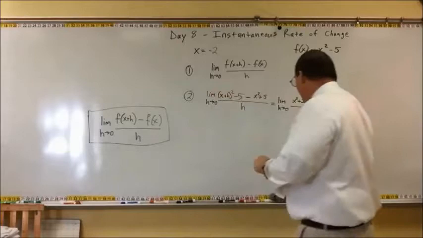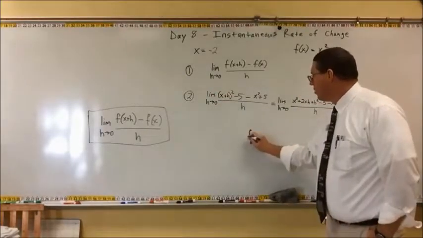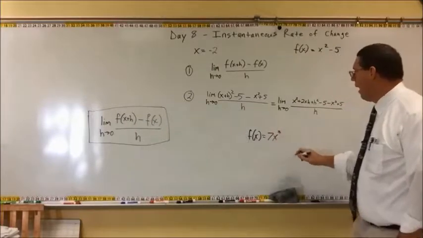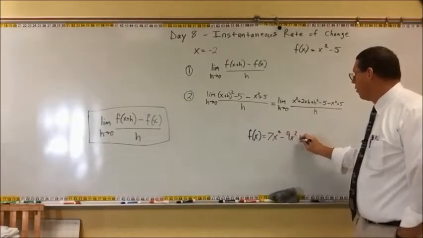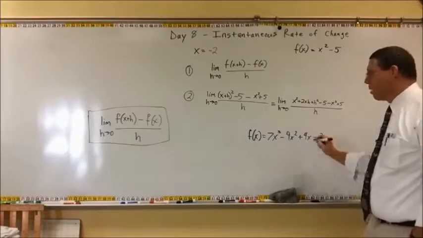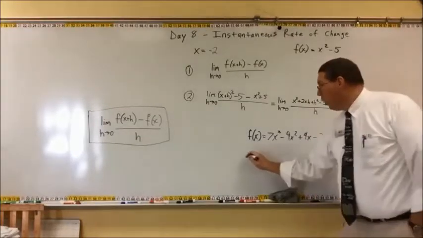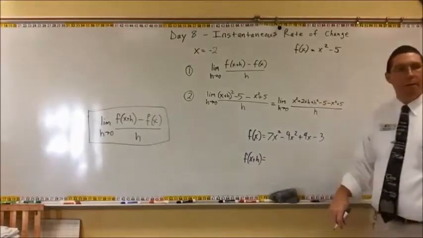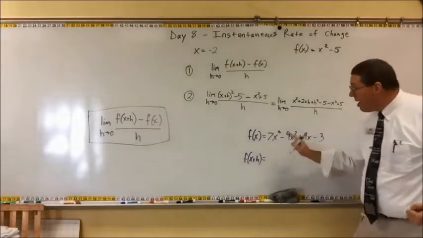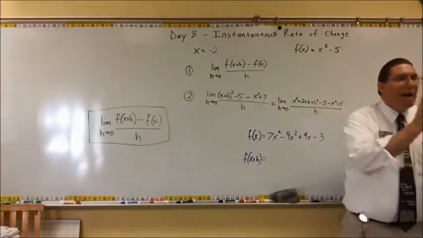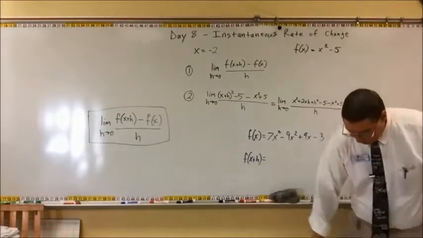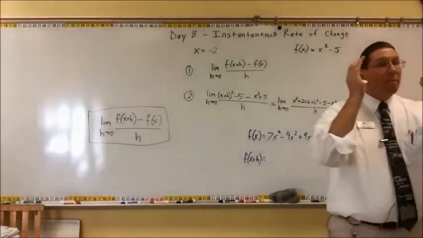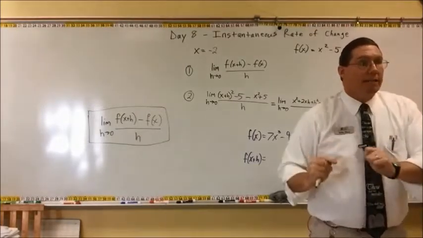Let's say that I have some function that is 7x to the third power minus 9x squared plus 4x minus 3. And I want to know what f of x plus h is, right? So look, everywhere you see an x, take the x out and put in parentheses with an x plus h in it.